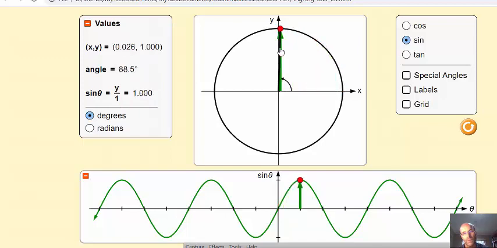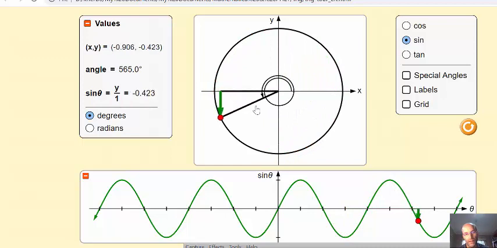The radius arm goes up to 90, and what do we see? Sine theta is at a peak down here. And that's because, remember, the green value is at its highest value here. See? And then it starts to get lower. So you can see why it makes that shape. It's the measure of the green as your angle changes.